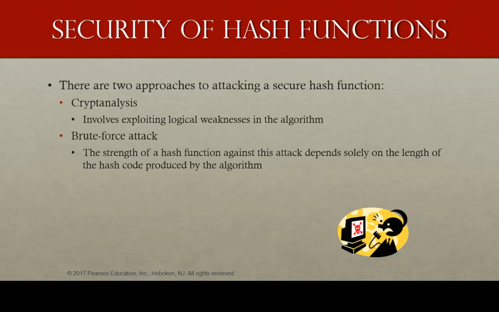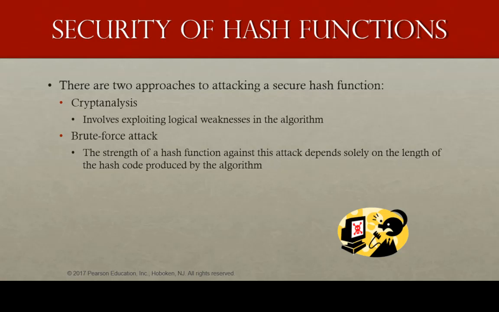The strength of a hash function against brute force attacks depends solely on the length of the hash code produced by the algorithm. If collision resistance is required, and this is desirable for a general purpose secure hash code, then the value 2 to the n divided by 2 determines the strength of the hash code against brute force attacks.